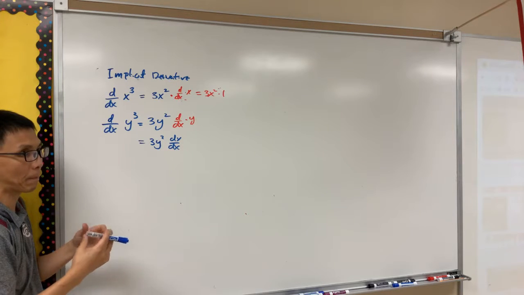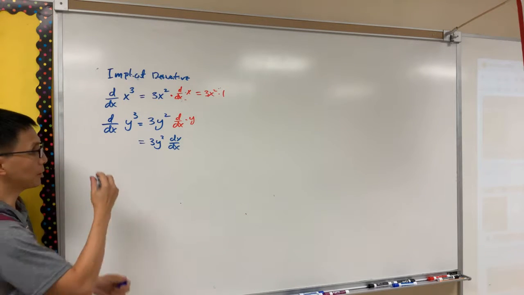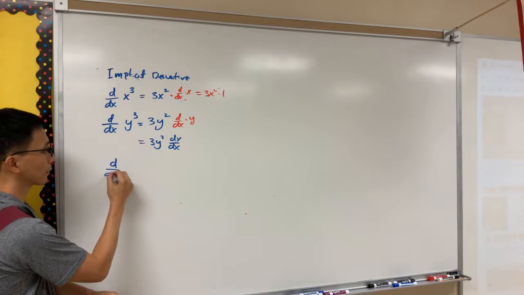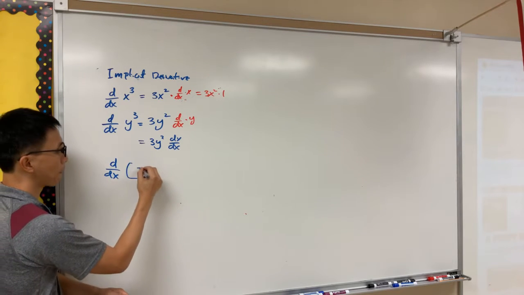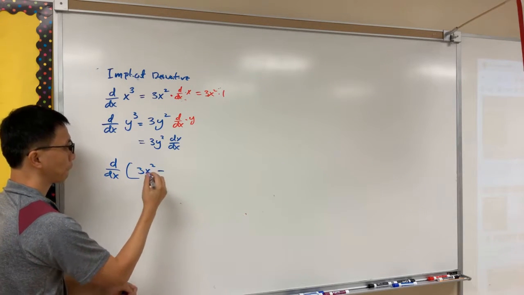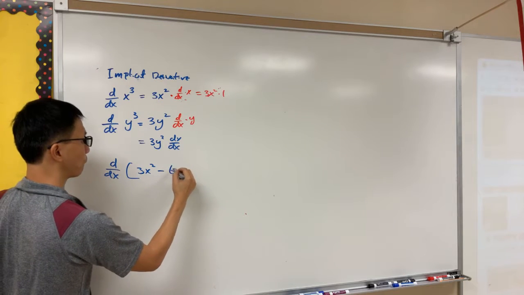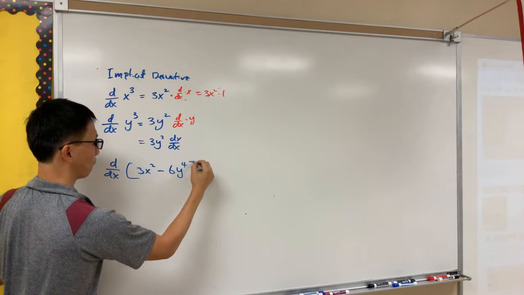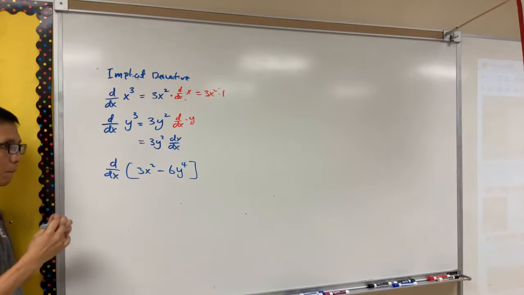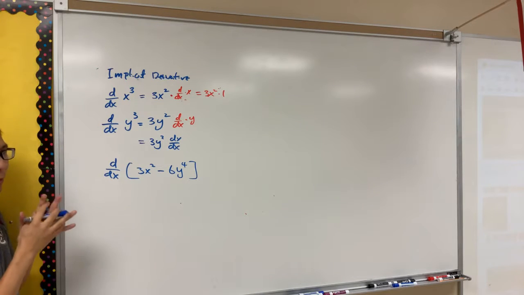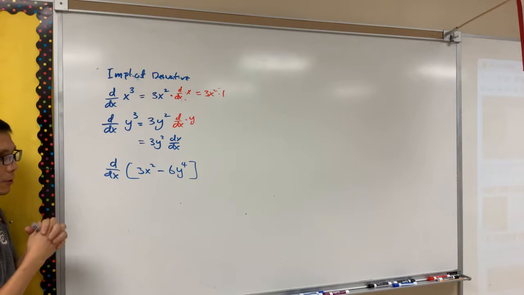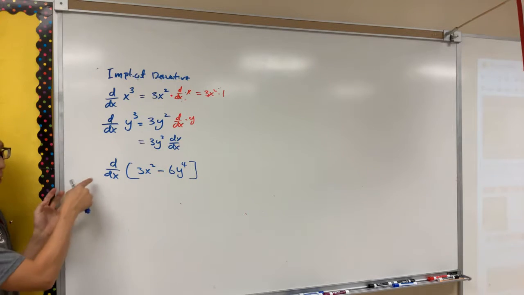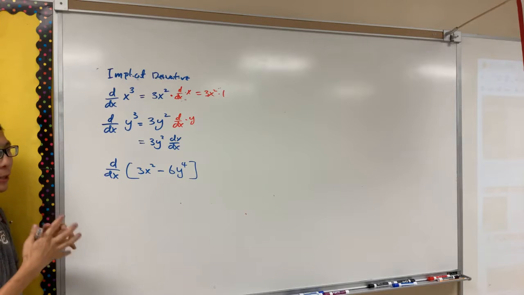Okay? So how do I take a derivative of this function? We're just taking the derivative of the expressions with respect to x now. I'm not always taking the derivative with respect to x.